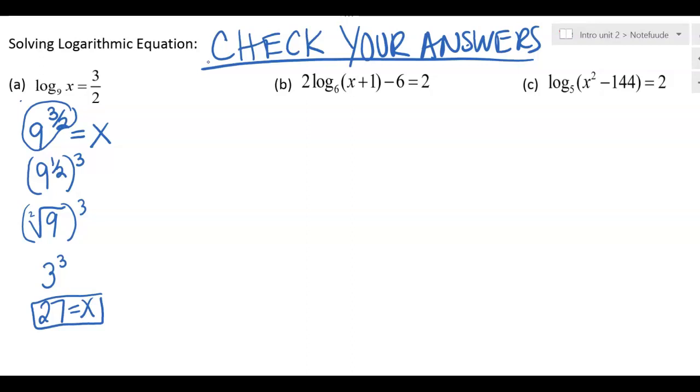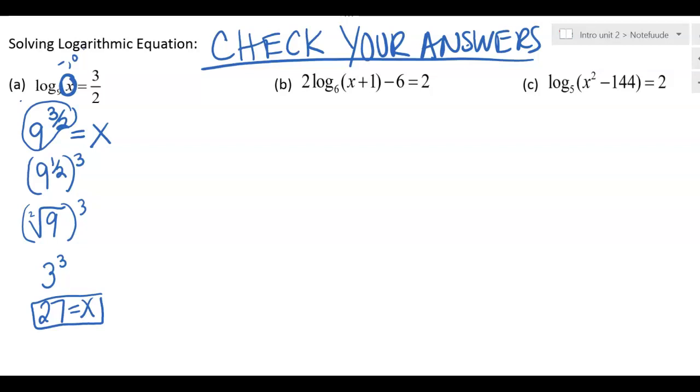If you tried to take logarithm of what? A negative or 0. Those were the 2 you couldn't calculate. So the big thing is, when you plug your answer back in, it cannot make inside of the logarithm a negative or a 0. That doesn't mean you can't get a negative or a 0 as your answer. It just means if you put that answer back in, it cannot make 0 or a negative in a log.